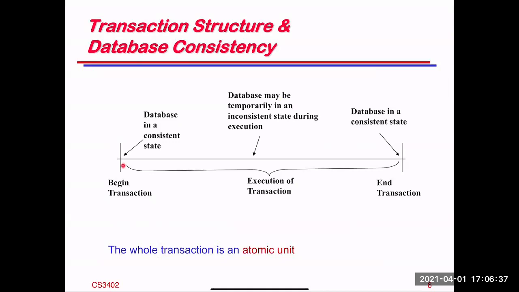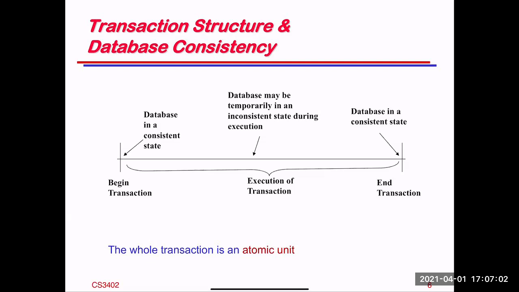One important thing to keep in mind is that when we start the transaction, right at the beginning here, we are guaranteed that the database is in a consistent state. Then as we start executing this transaction, the database may be temporarily in an inconsistent state. For instance, I might transfer something from one account to another in a bank.